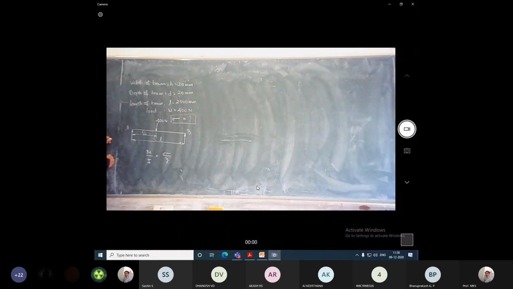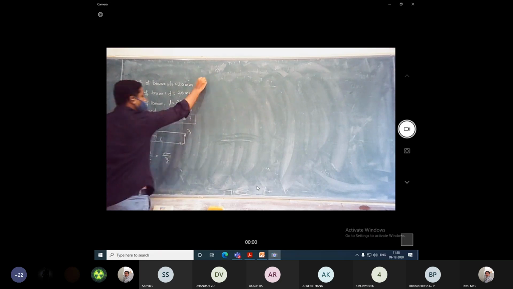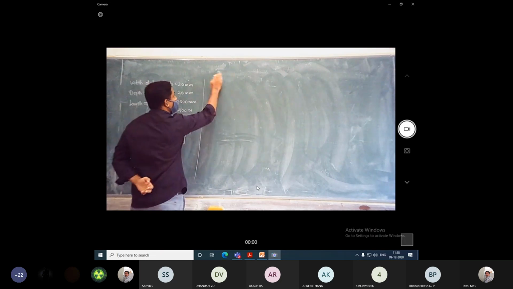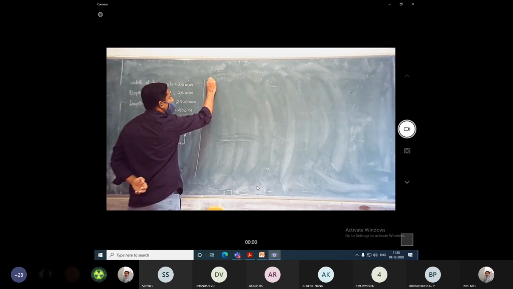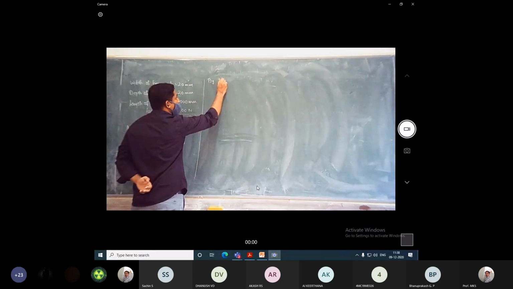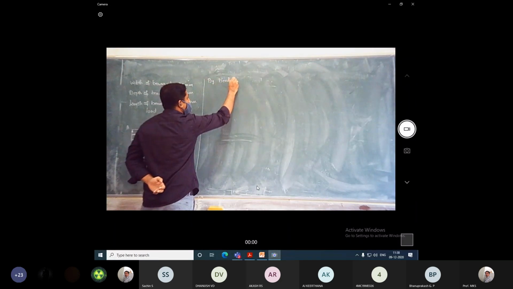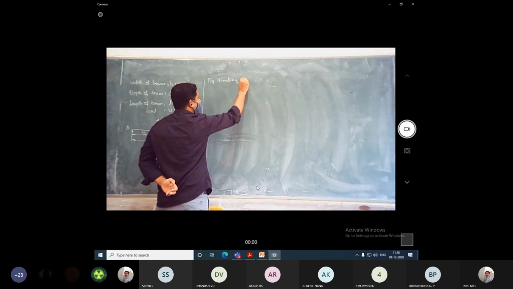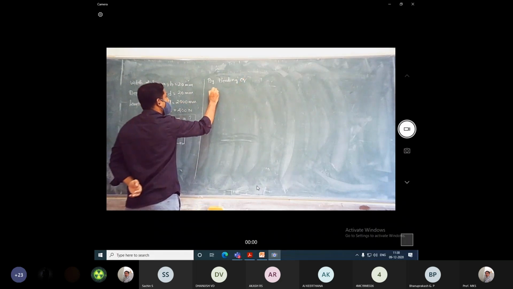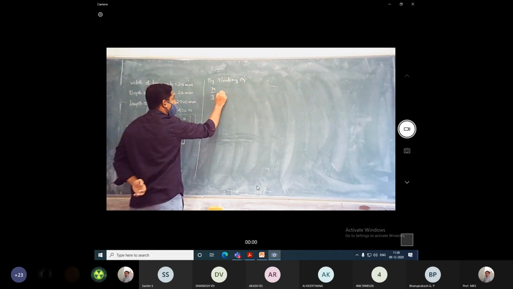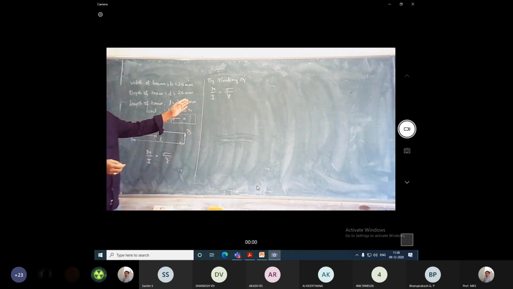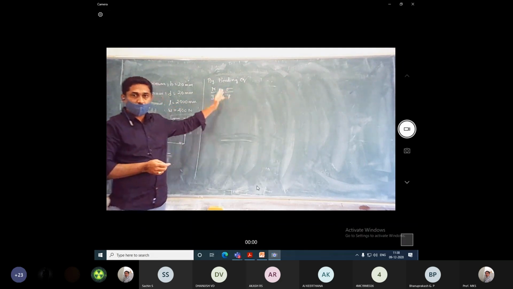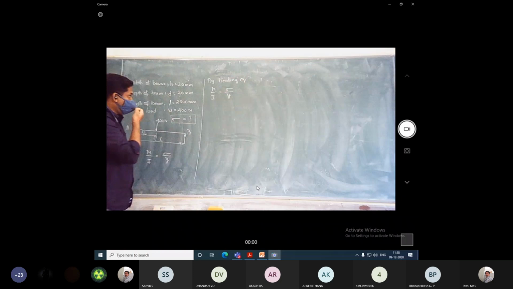By the bending equation, M by I is equal to sigma by Y. This is for the derivation. That is also equal to E by R. Here, let me consider these two.